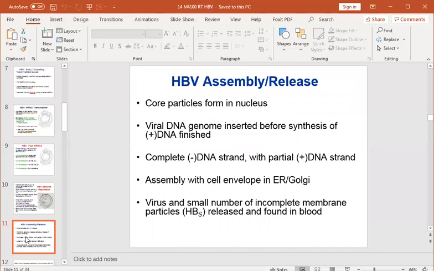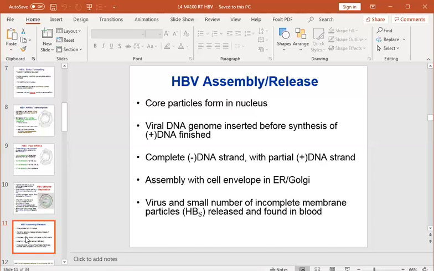We have a complete negative DNA strand and a partially newly synthesized positive strand. Then assembly will be completed by the production of the glycoproteins required for the envelope in the endoplasmic reticulum and Golgi.